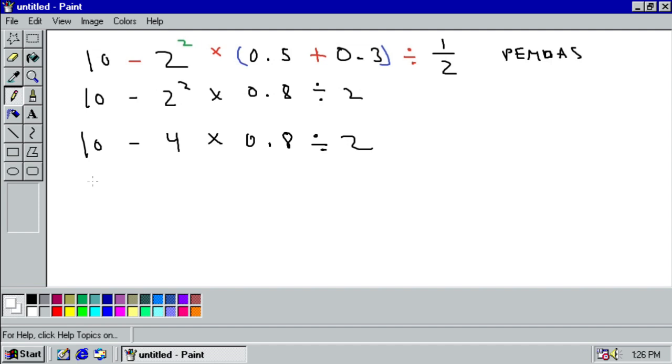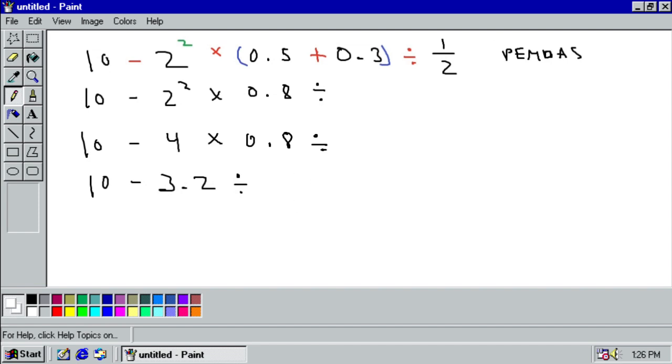Negative 4 times 0.8 gives, I use a calculator, negative 3.2. Then we're gonna simply divide negative 3.2 by 2. I actually did it wrong.